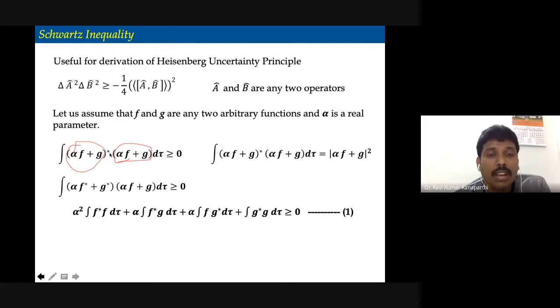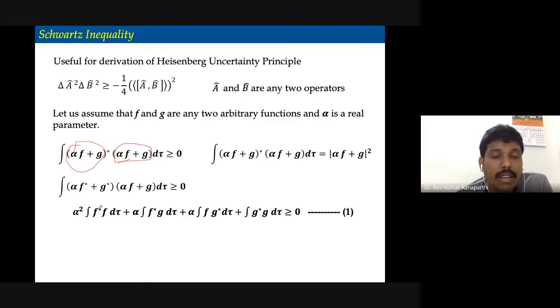Now, there is a complex conjugate notation on the first function, so the complex conjugation you can take inside and apply to everything. Since alpha is not a function, it cannot be imaginary, but the function can be imaginary, so the complex conjugate you can take inside. That is the first thing I have done.